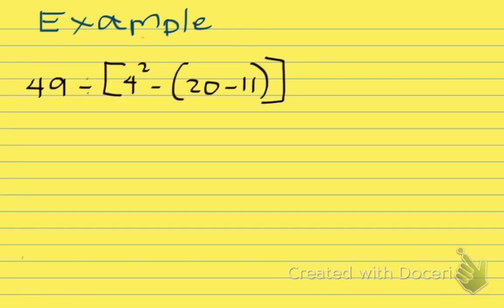Now, moving on to our next example. So we have 49 divided by, in our parentheses, 4 squared minus 20 minus 11. All right. So solving this, we will solve first inside our parentheses.